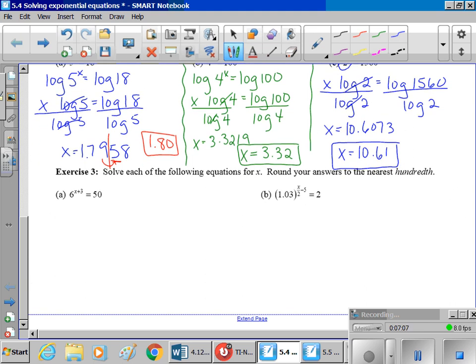So we have x plus 3 as our exponent here. So we're going to follow the same rule we just did. Let's not skip the step yet. So let's just log both sides.